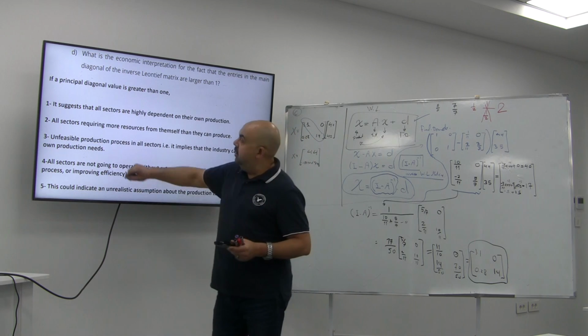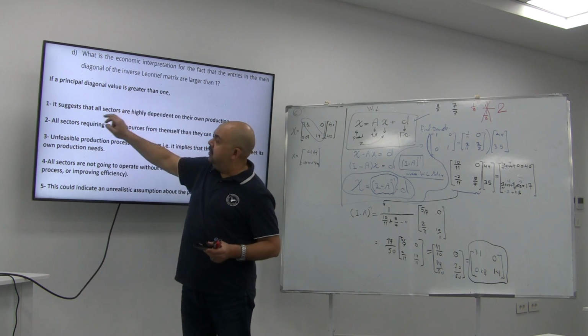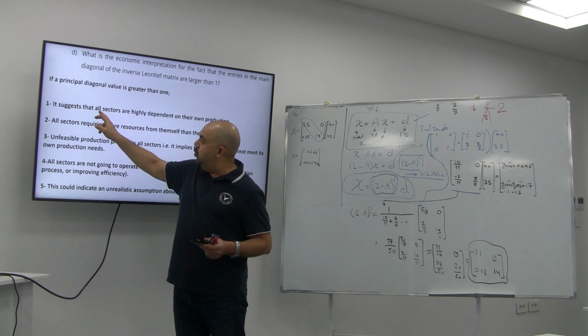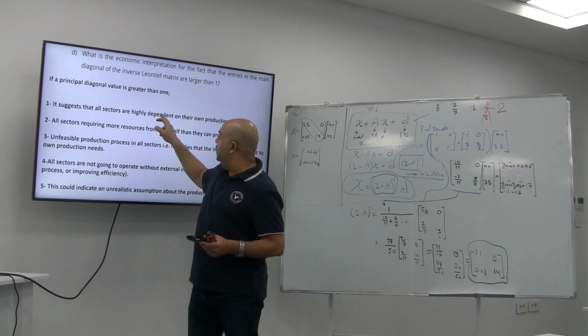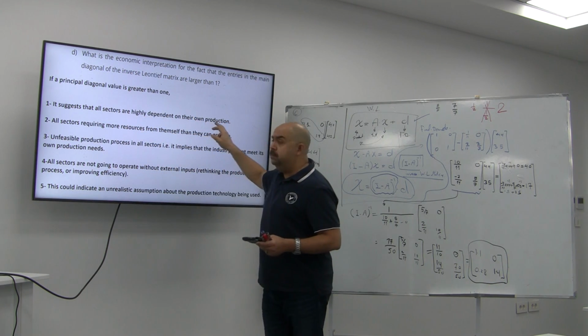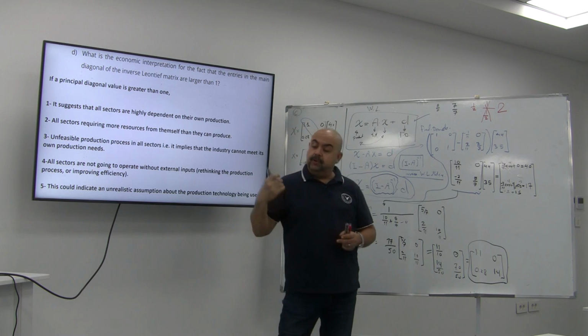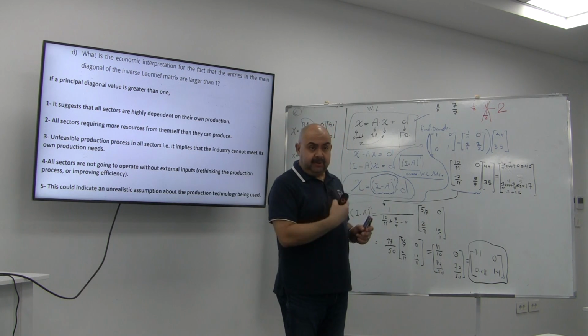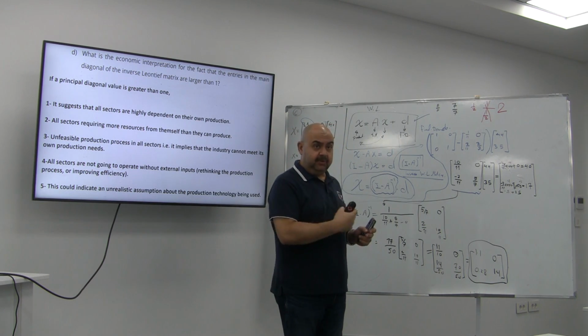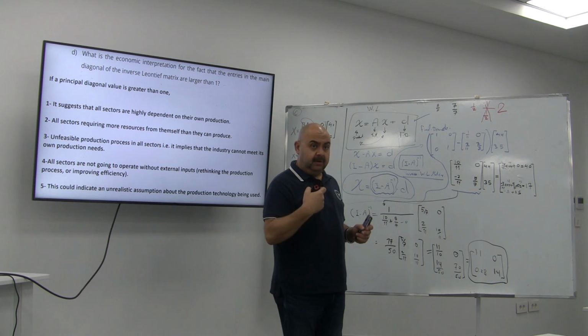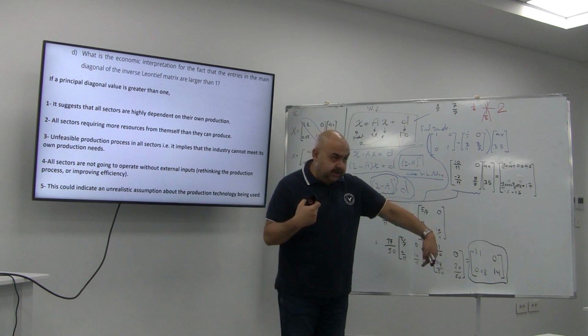Number 1, if a principal diagonal value is greater than 1, it suggests that the sectors are highly dependent on their own production. Do you know what the elements of the principal diagonal are? A11, A22, A33.